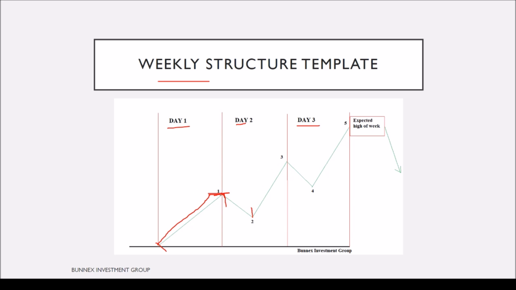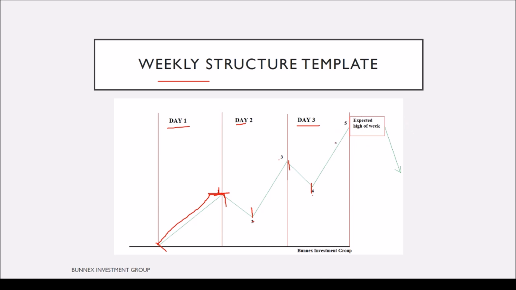So for us to deem a structure valid, we need to see 5 waves in this scenario. 1, 2, 3, 4, and this can also be presented as a consolidation or a choppy region. Then 4 to 5, and then we expect a weekly reversal.